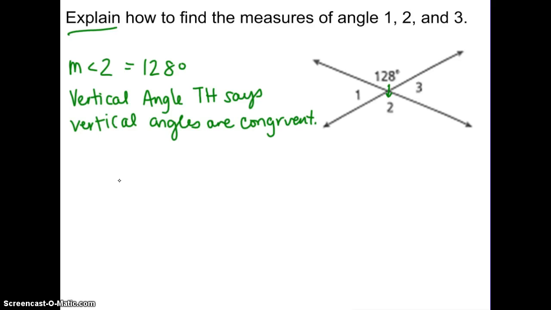Alright, now to find the measure of angle 1, we need to look at this line right here. This right here is a linear pair. The measure of angle 1 plus 128 are supplementary, which means they have to add to 180 degrees.